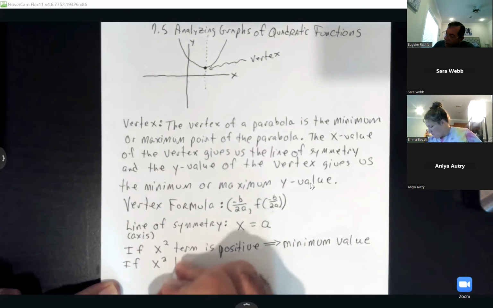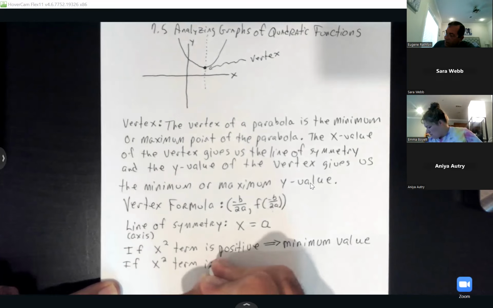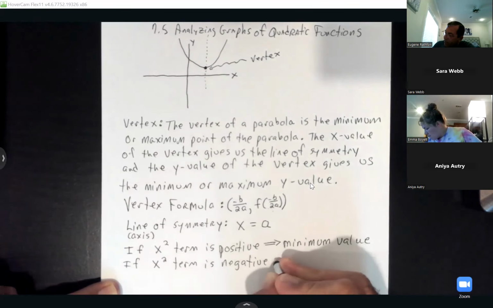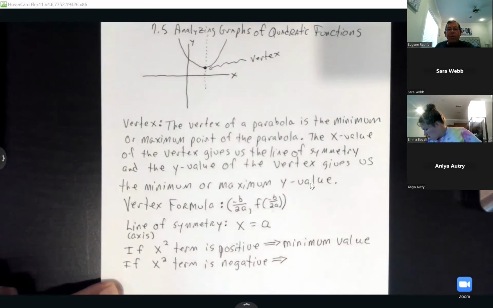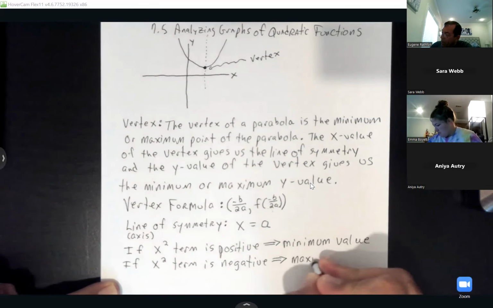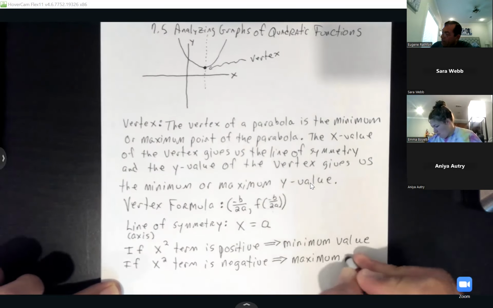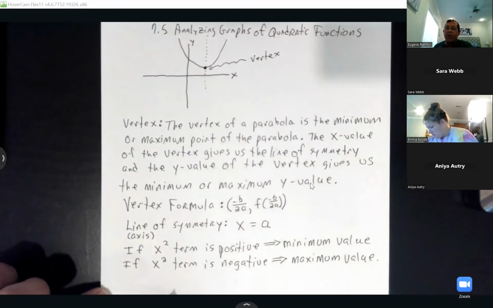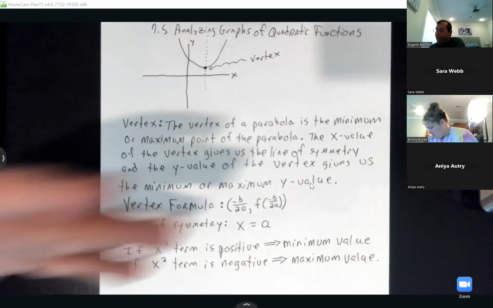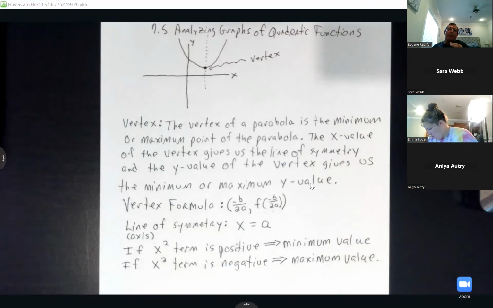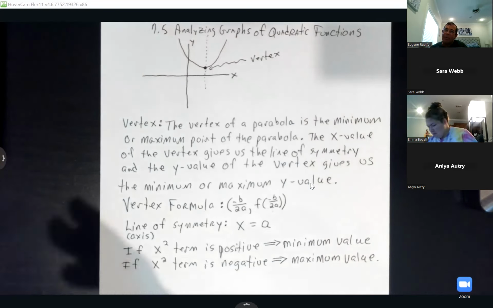If the x squared term is negative, then we will have a maximum value. Because remember, when you throw a negative in front of a function, it flips it over the x-axis, okay? So we look at that x squared term to determine whether we actually have a minimum or maximum.